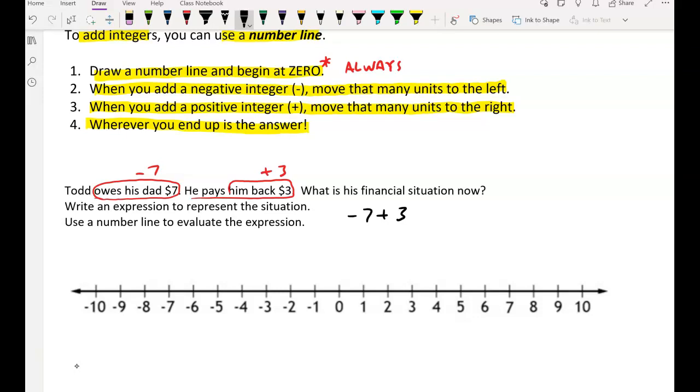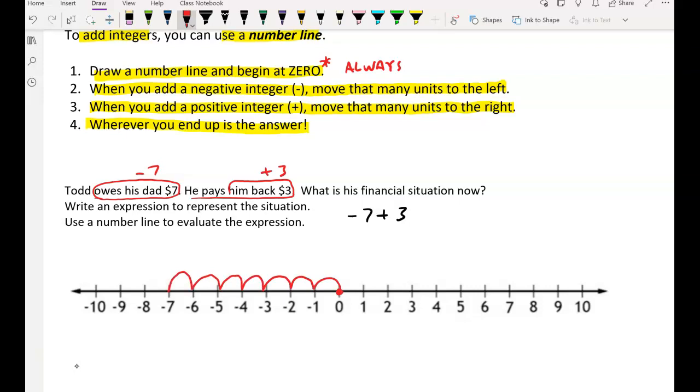Okay? Now, if we follow the instructions in our number line guideline here, we would first of all start with the negative 7. And we always start at 0. So we start at 0, and because it's a negative 7, I'm going to move to the left 7. 1, 2, 3, 4, 5, 6, 7. Okay?